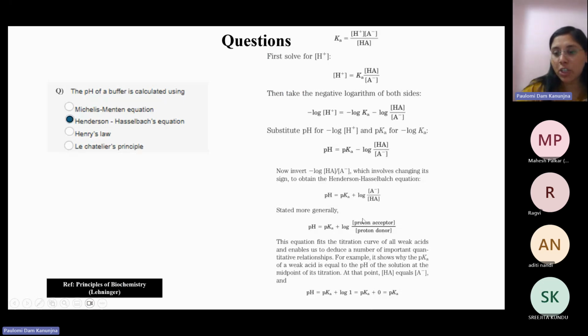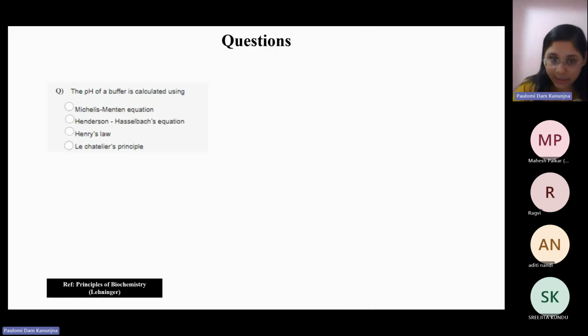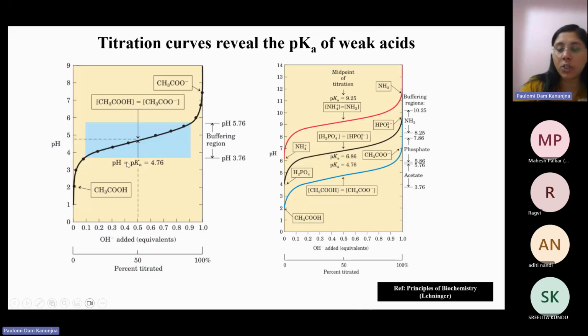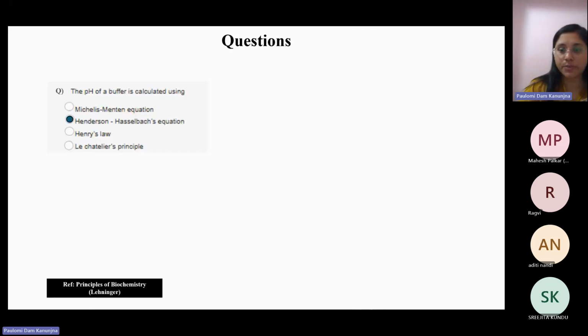So that means this component completely cancels out. At the midpoint of titration, your pH is equal to pKa. So your pKa value will always be equal to the pH at this point in a titration curve. This is why at this point we write pH is equal to pKa. So from these curves, you not only find the pKa, that pKa value is also equivalent to the pH of this solution.